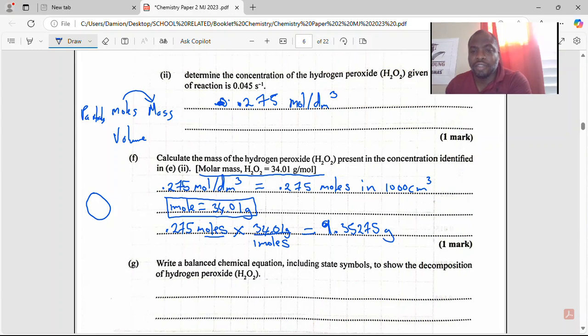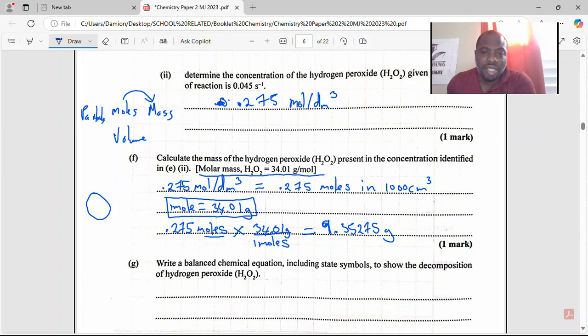All right, grams. And remember, since we're calculating the mass, this would have been the mass that is in it. So if 1 mole would have been weighing 34.01 grams, then 0.275 moles would be weighing 9.35275 grams.